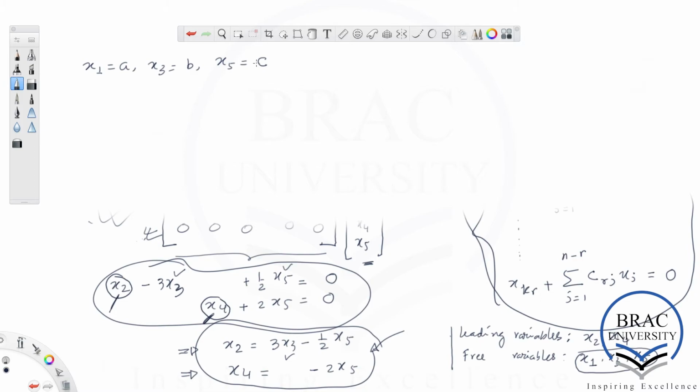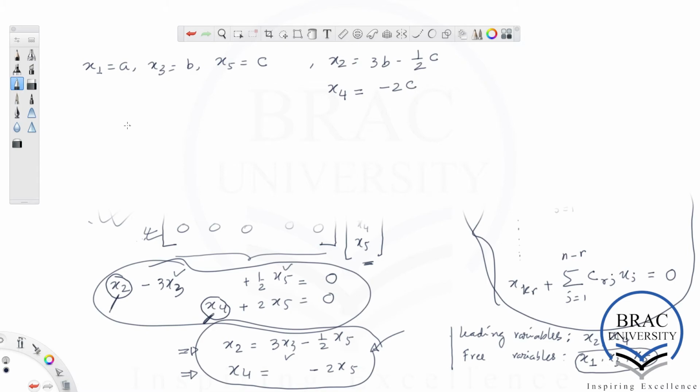We are free to choose these values, a, b, and c. And then x2 is equal to 3b minus 1/2 c, and x4 is equal to minus 2x5, which means minus 2c.